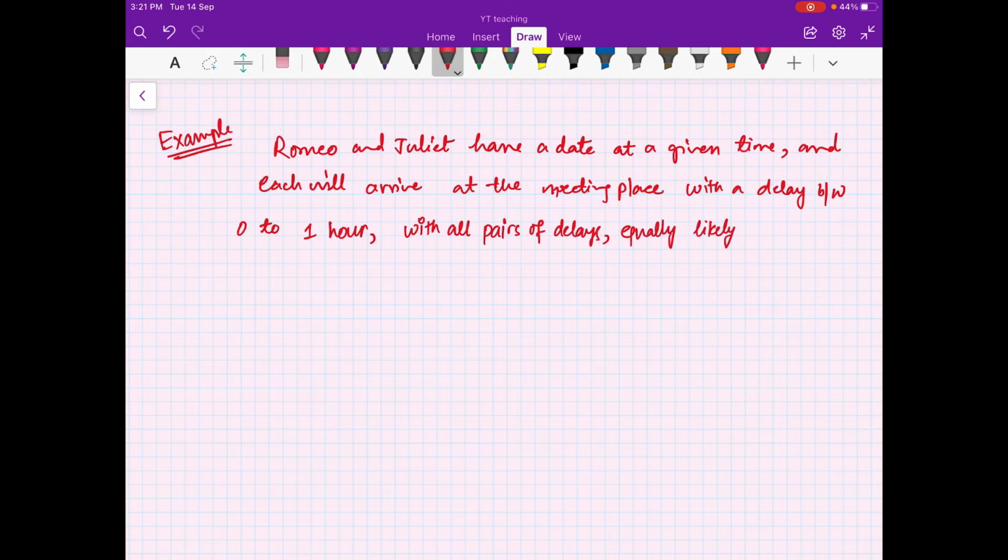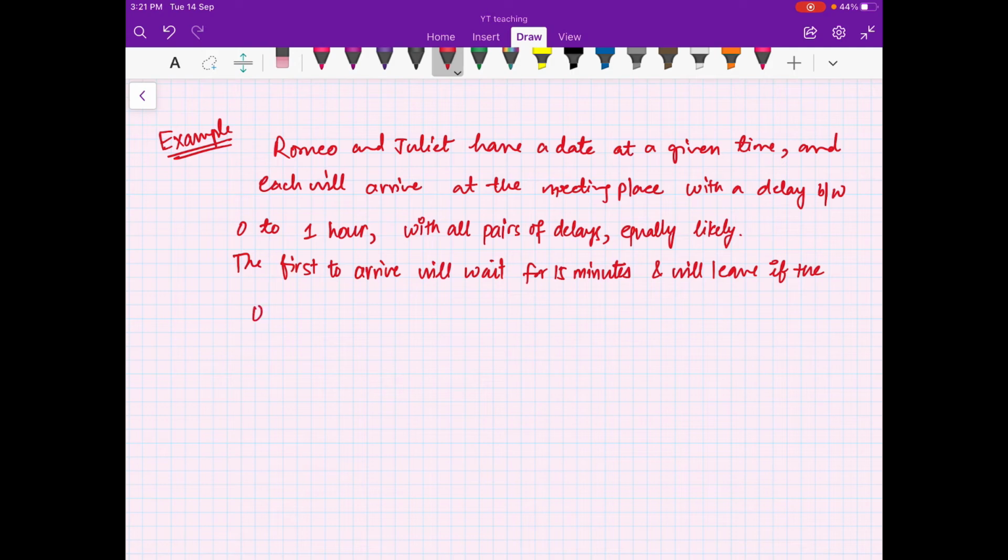The first to arrive will wait for 15 minutes and will leave if the other has not yet arrived.